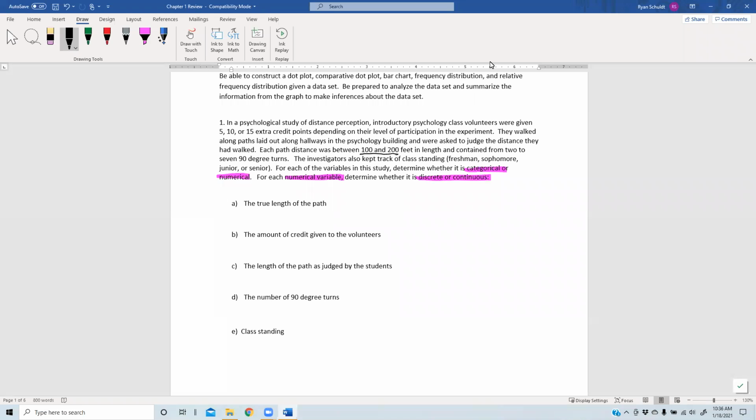So that's definitely going to be numerical. But in particular, it's going to be numerical continuous because you can have all those decimals. It doesn't have to be exactly 106 feet. It could be 106.75.